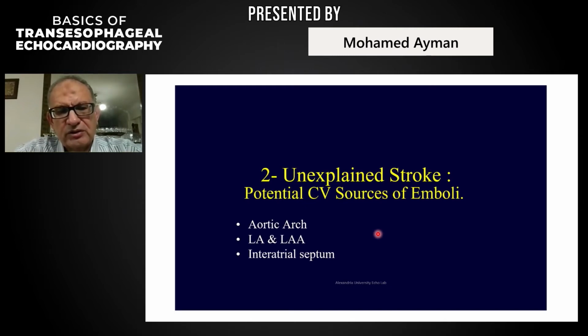The aortic arch, so we go to the upper esophageal view. The left atrium and the left atrial appendage, we see in the mid esophageal. We check the interatrial septum as a potential source for embolization in the mid esophageal, but in the bicaval view, because the bicaval is the preferred view to check the interatrial septum.